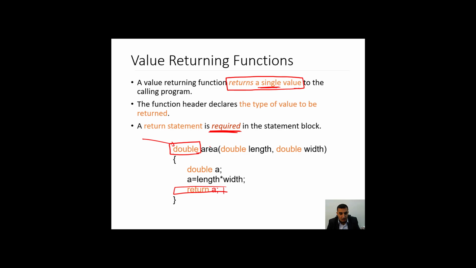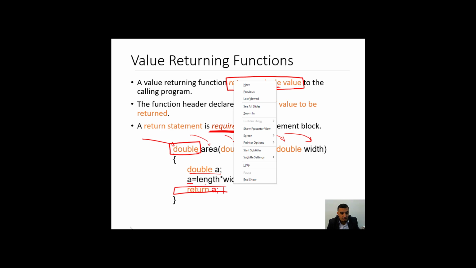So, a double function is called area. It will take double length and double width, these two inputs. Then inside it, we are going to declare double A, where A is equal to length multiplied by width.